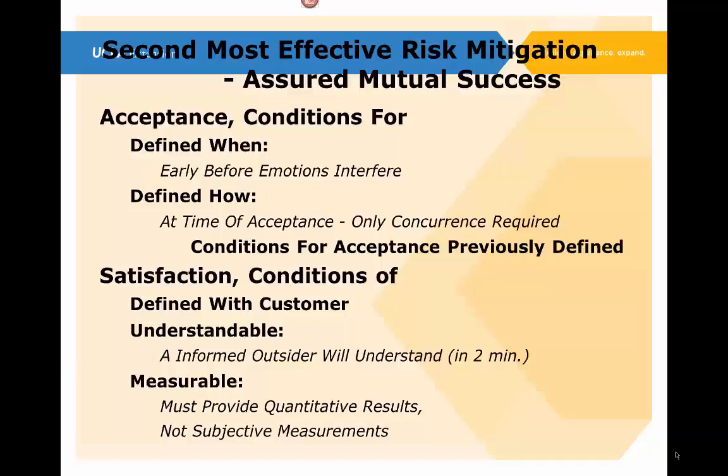There's either satisfaction or there's not, and we can keep away from all those subjective measurements. These two items, having acceptance defined early, and having the conditions of satisfaction defined with the customer up front, will go a long way to reducing the risk and reducing the issues downstream when we're getting close to the end of the project.